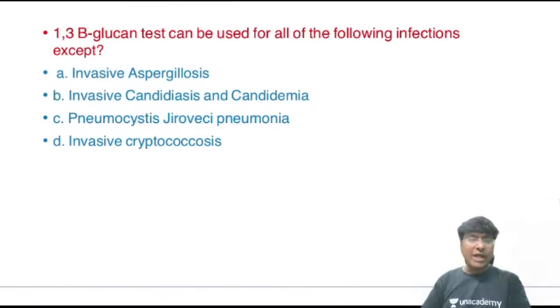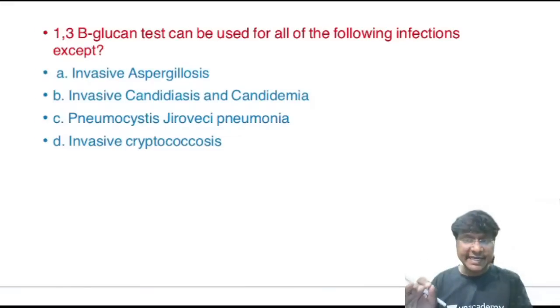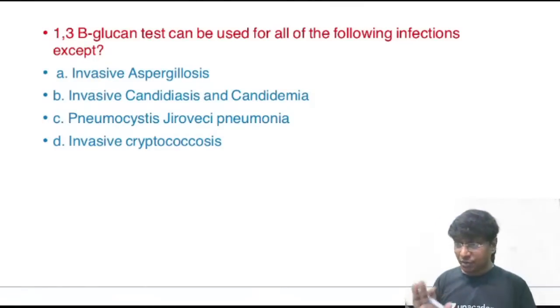Right, the 1,3 beta glucan test can be used for all of the following, right? Yes, we also have the intradermal route of administration, but the preferred route is intramuscular, right?